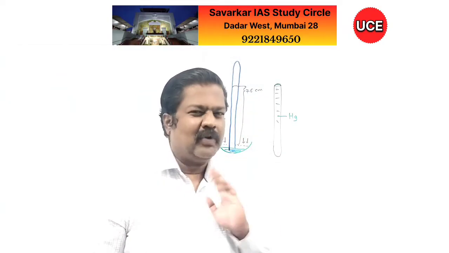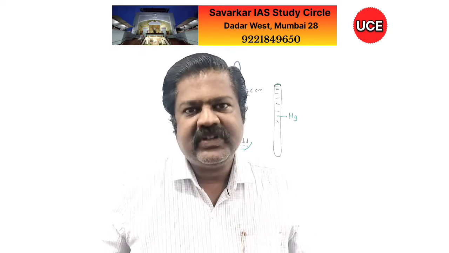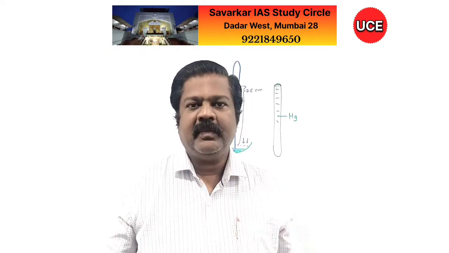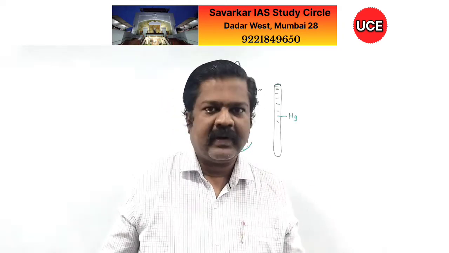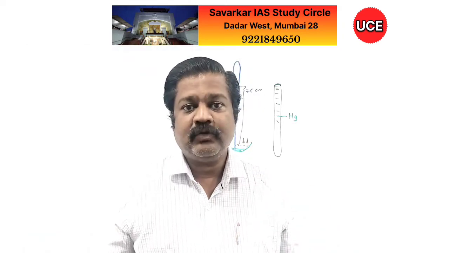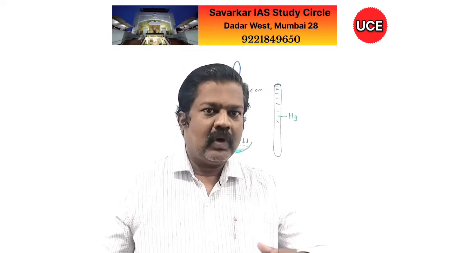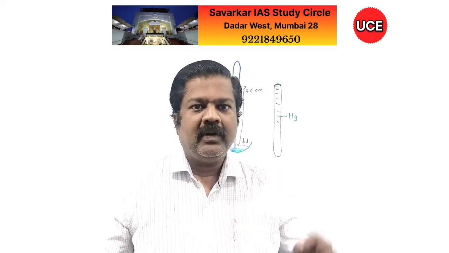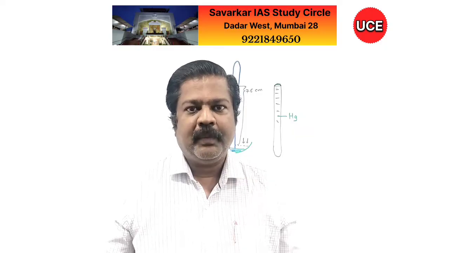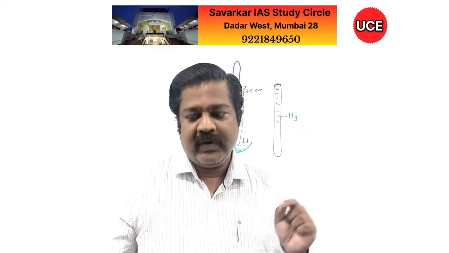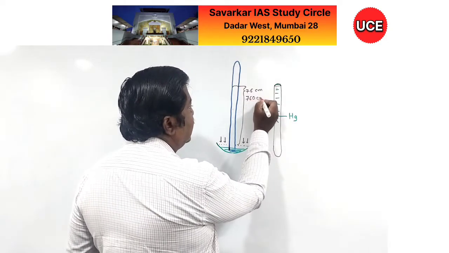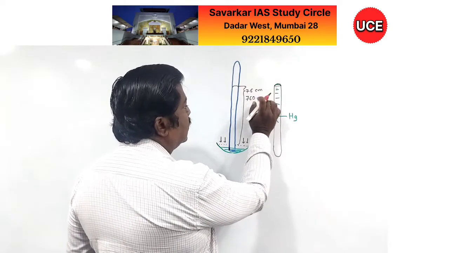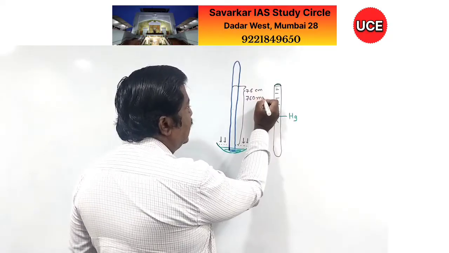So, for approximately every 160 meter altitude, the real number is 165 meter, but for general purpose, for calculation purpose, we are considering this as 160 meter. So, for 160 meter altitude, the mercury level will fall by 1 mm, 1 millimeter. So here if I am considering this as 760, I should consider this as 760 millimeter.